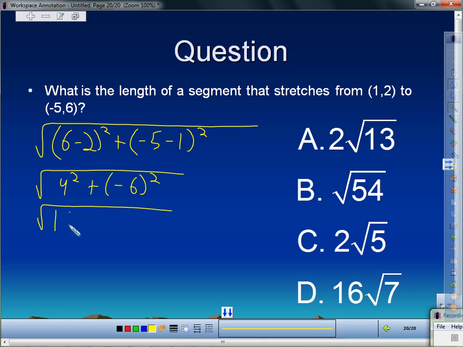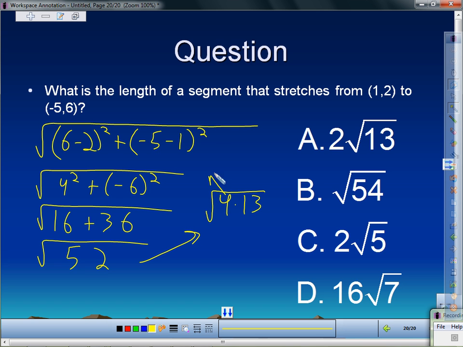I get to 16 plus 36. I add that together and I get to 52. Now, I need to simplify this. If I take 52 and I divide it by 4, I get 13. So this is radical 4 times radical 13. 4 leaves, becomes a 2. 2 radical 13.